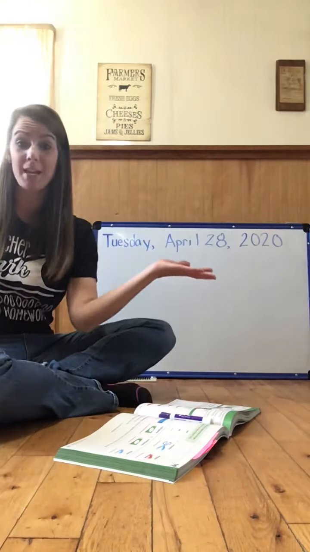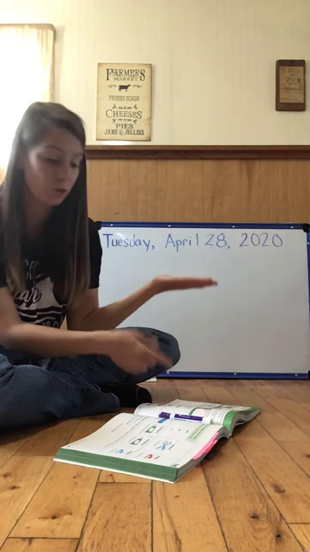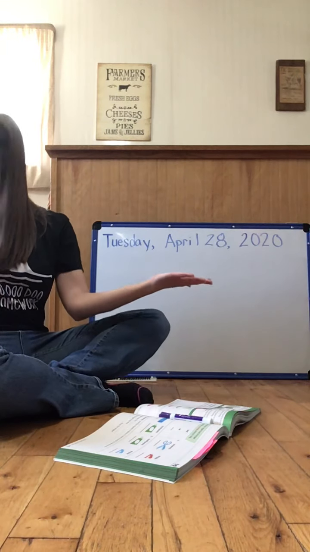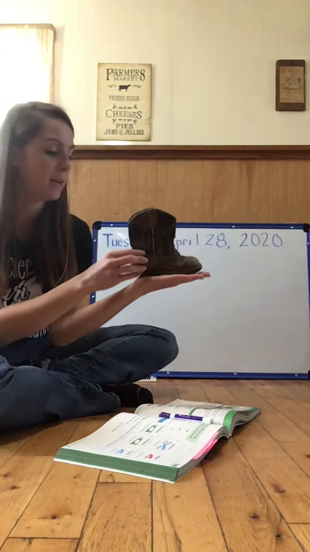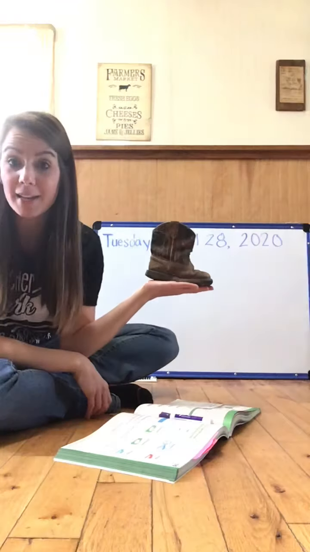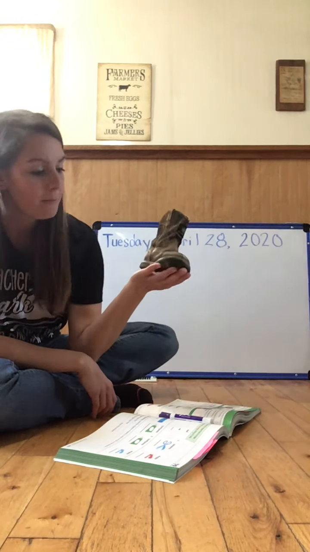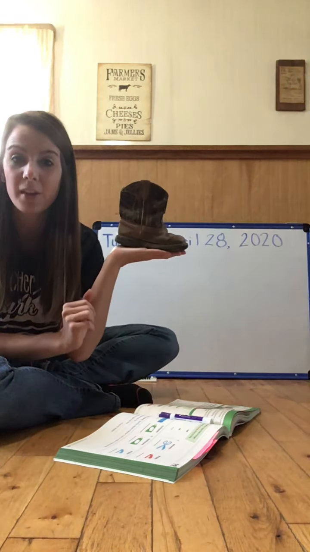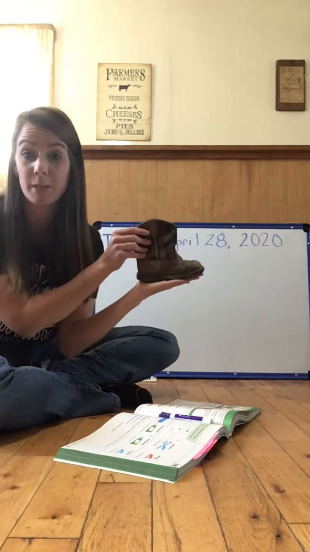Now, how about this? Again, I'm going to use my hand. Pretend my hand is the string, like on our book. What if I have Jacob's boot on my hand? It's about the same size as my hand, right? Maybe a little bit longer if I scoot it towards the edge. So here's Jacob's boot.